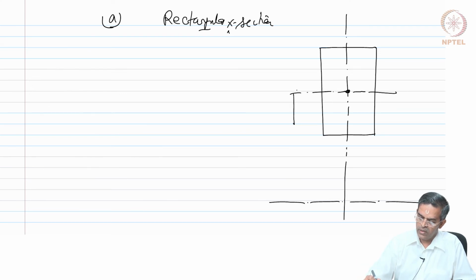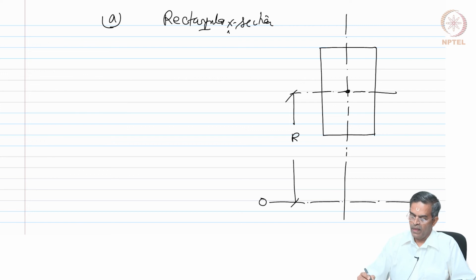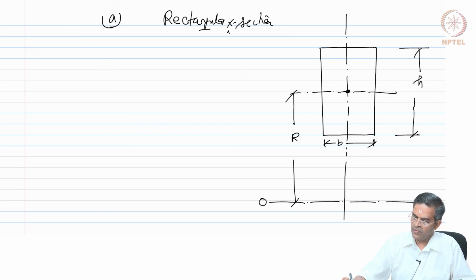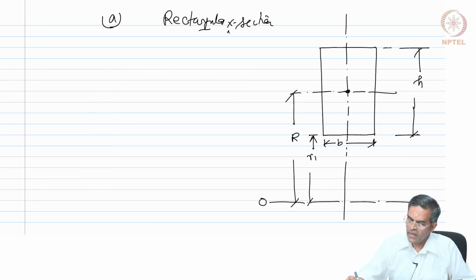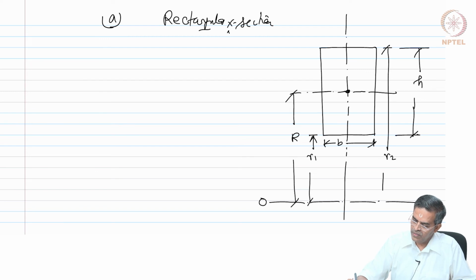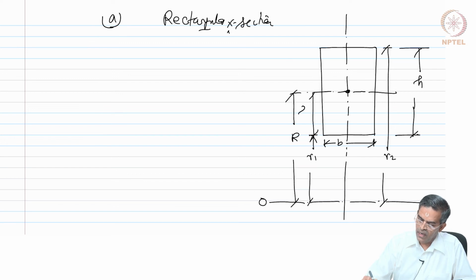As usual, the centroidal axis will be measured from OO at distance r, and if I have this as my width b and this as my depth h of the cross section, we know this is indicated as R1 in our nomenclature and this is indicated as R2, and from the CG this is hi, which is h by 2, and from the CG this is ho, which is h by 2 again.